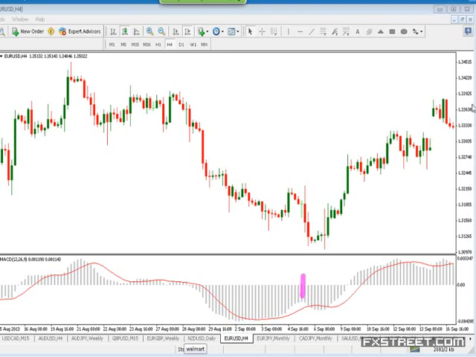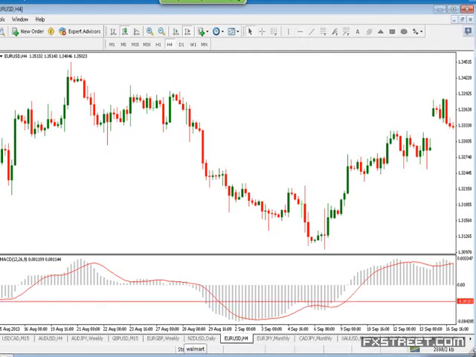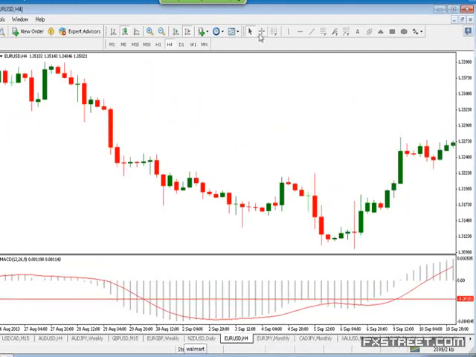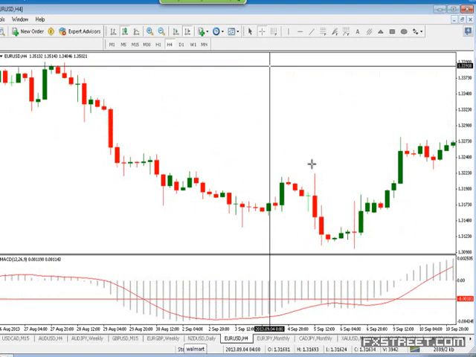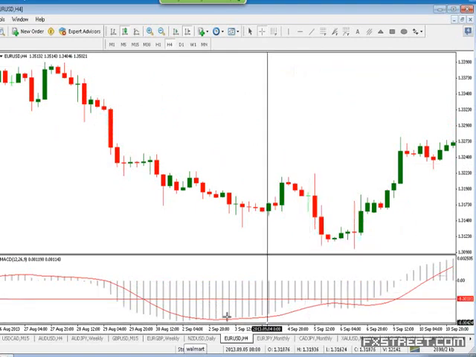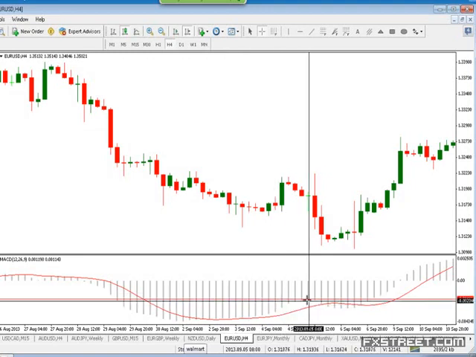And then what I would do is plot a line. Let's plot a line over here on the low of the histogram. Right? Let's zoom this a little more inside so we can see it more clearly. As you can see, this is the shortest bar of the histogram between the two peaks, and I'm plotting a line on the bottom of the histogram.